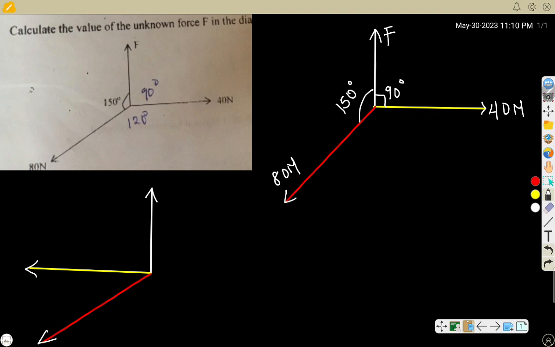So that is the arrow direction. This is 80 Newton. This is 40 Newton. Sorry, that is F. That is the white. So this is F. So this is 40 Newton.